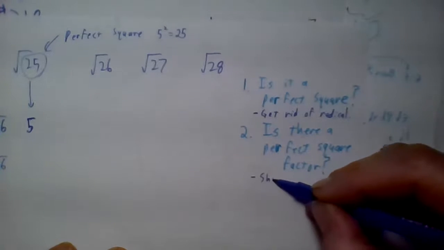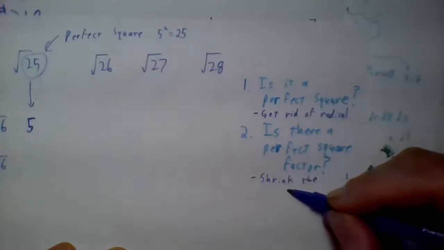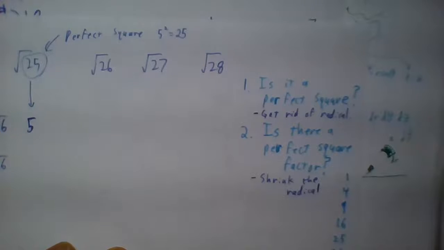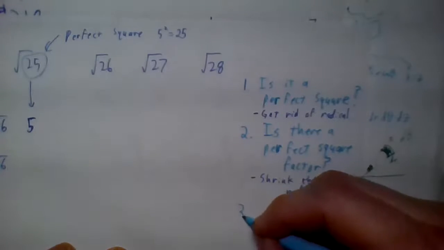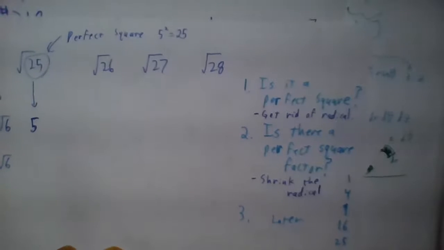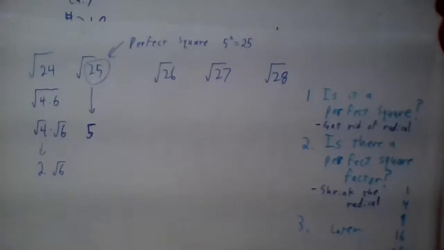And if so, we can shrink the radical like we did right here. We got to ask this on the other examples I have written down, but we're looking to shrink the radical. And then eventually there's a question 3, but we're going to save that for later. I'm just going to do the simplifying basics now. So question 3 is going to come later. That's a warning, but we'll deal with that later.